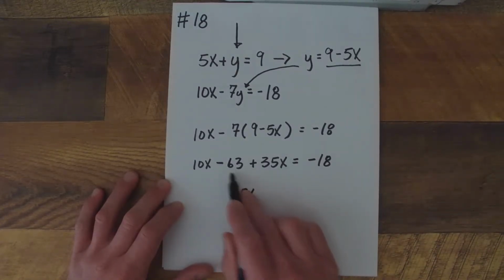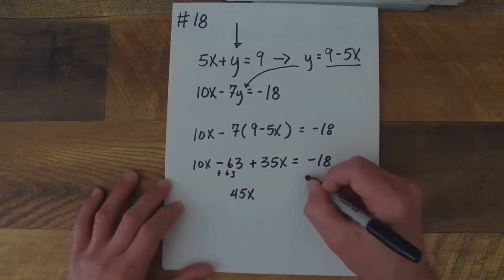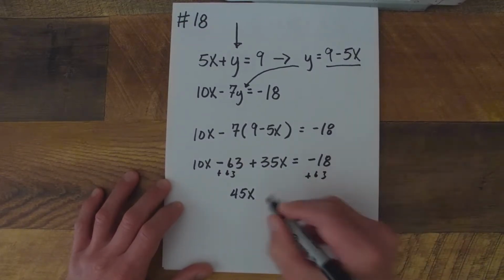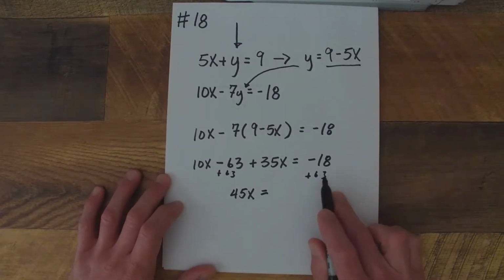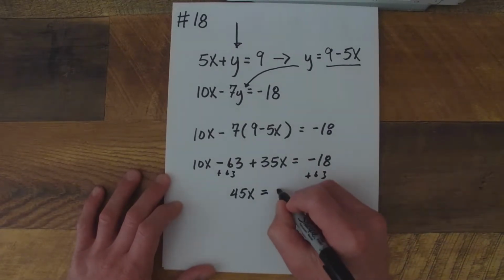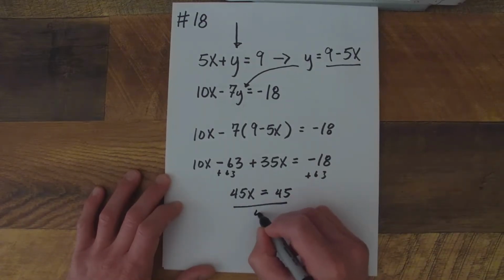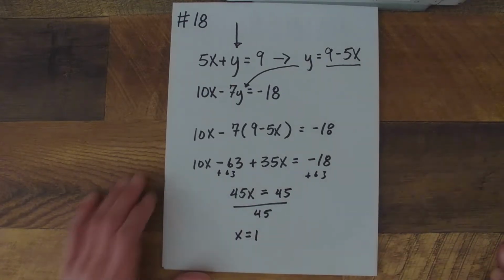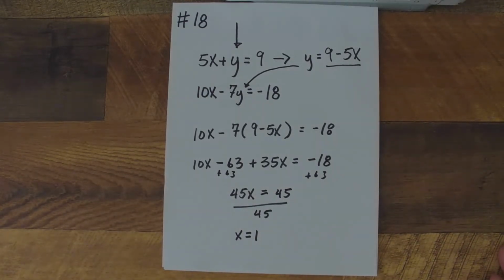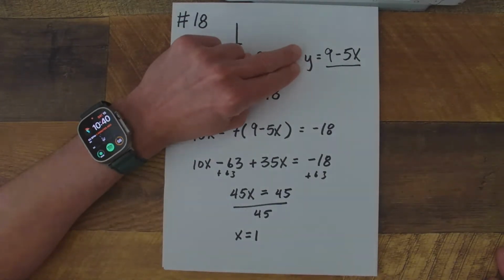And I would need to add this over here. So add 63 and bring it over here. Now, -18 plus 63 or 63 minus 18, either way, is going to give you 45. Divide both sides of the function by 45, x equals 1. Now that we know what x is, remember when we did this portion here?